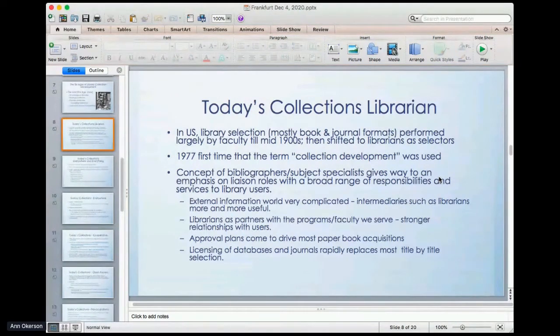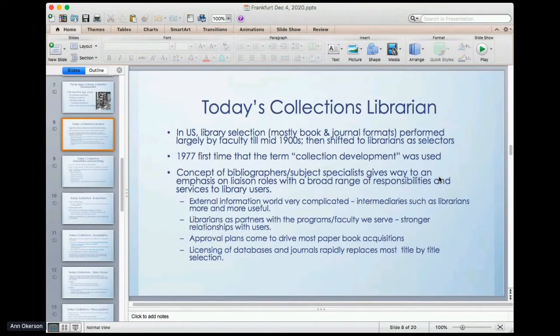1977 is the very first time we find the term collection development used, at the American Library Association's Midsummer Conference in Detroit. The higher level concept of collection management, which was added to collections librarians' vocabulary in the 1980s, signaled librarians' active role not just in selection, but in the entire life cycle of the chosen items.